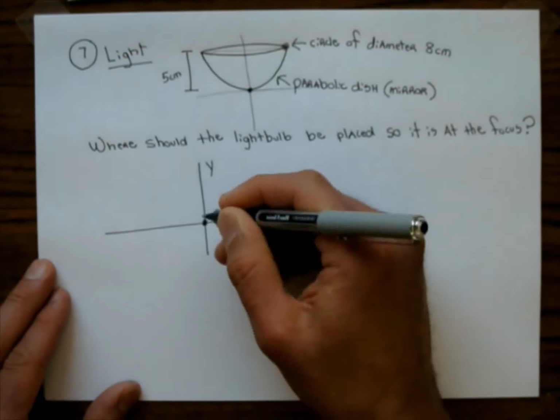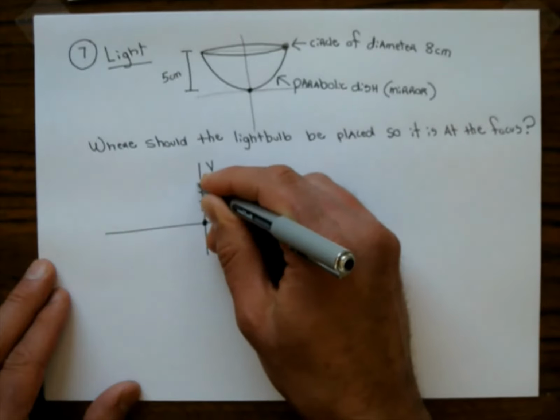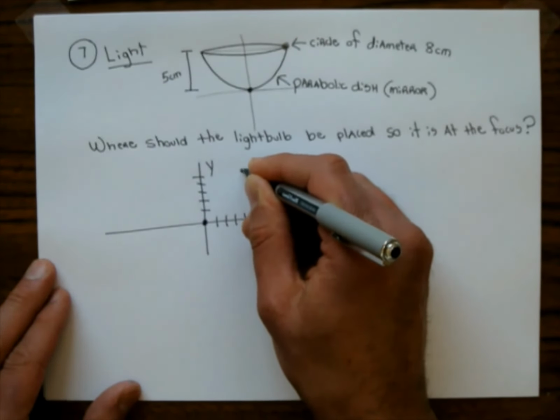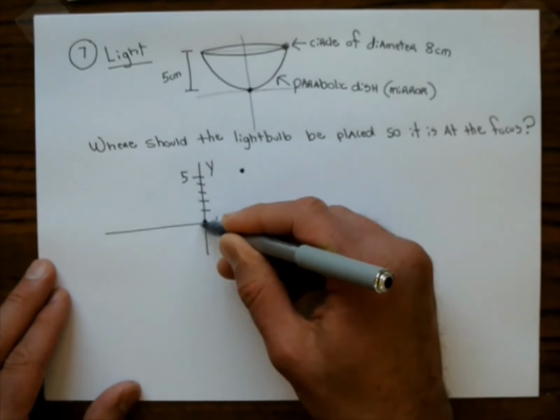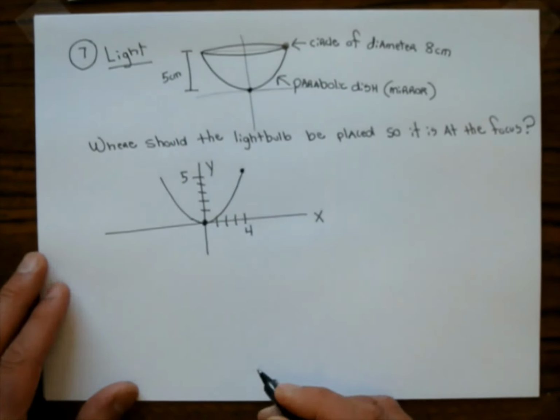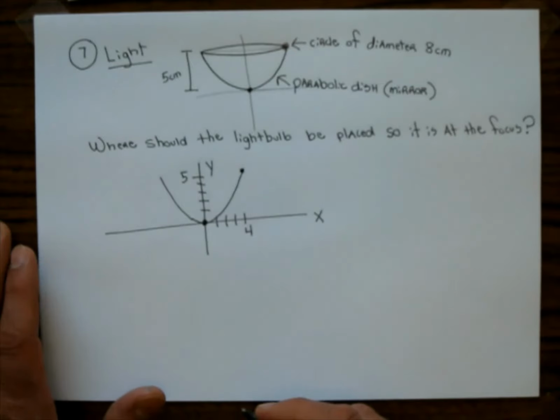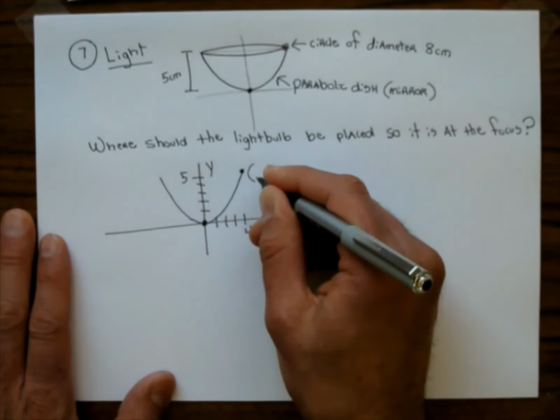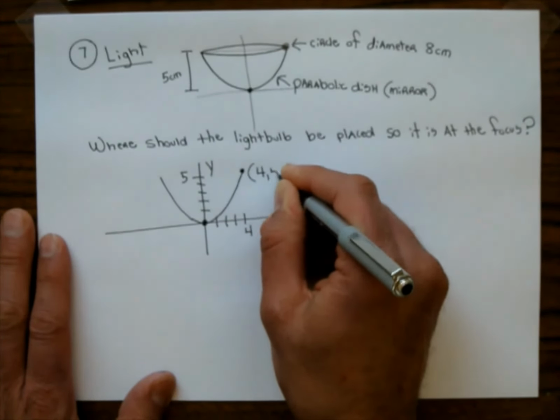And then we're going to go 5 up. And so that's kind of like what my parabola is looking like. Just drawing it really fast. So the parabola has the point 4, 5.